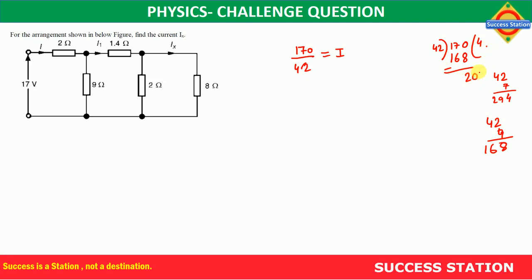So here one more 0. So 4 again. Let's see for 5: 5 times 2 is 10, 5 times 4 is 20. It's greater. So what will happen? 4.04. So we got I as 4.04. Is it clear? I equals how much? 4.04. Is it clear?